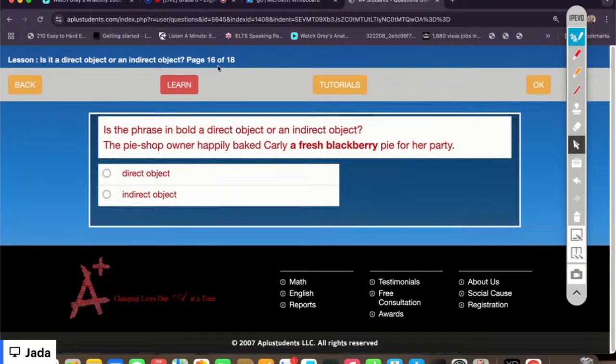The pie shop owner happily baked Carly a fresh blackberry pie for her party. So is this direct or indirect? What is the right one for this one? Okay.